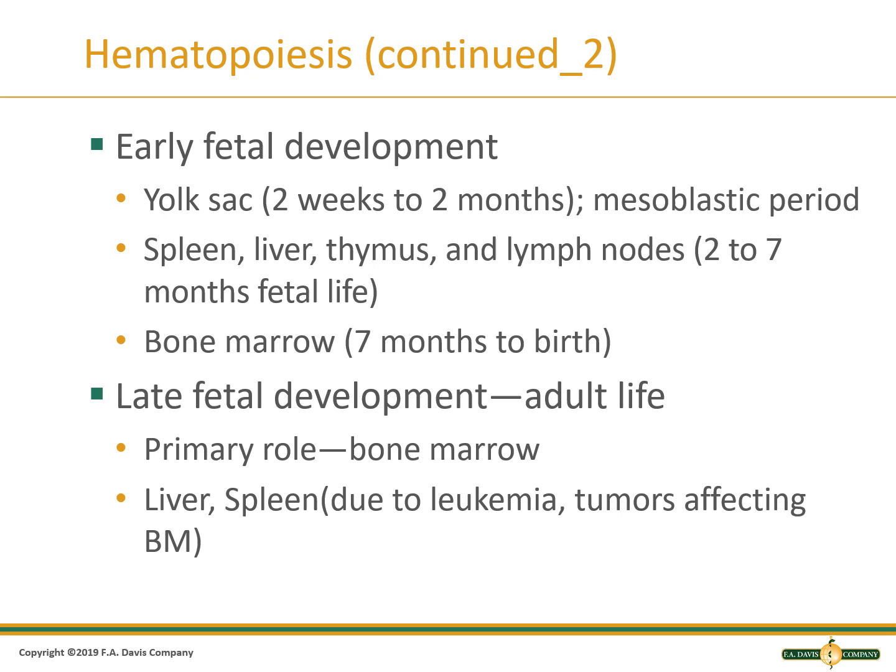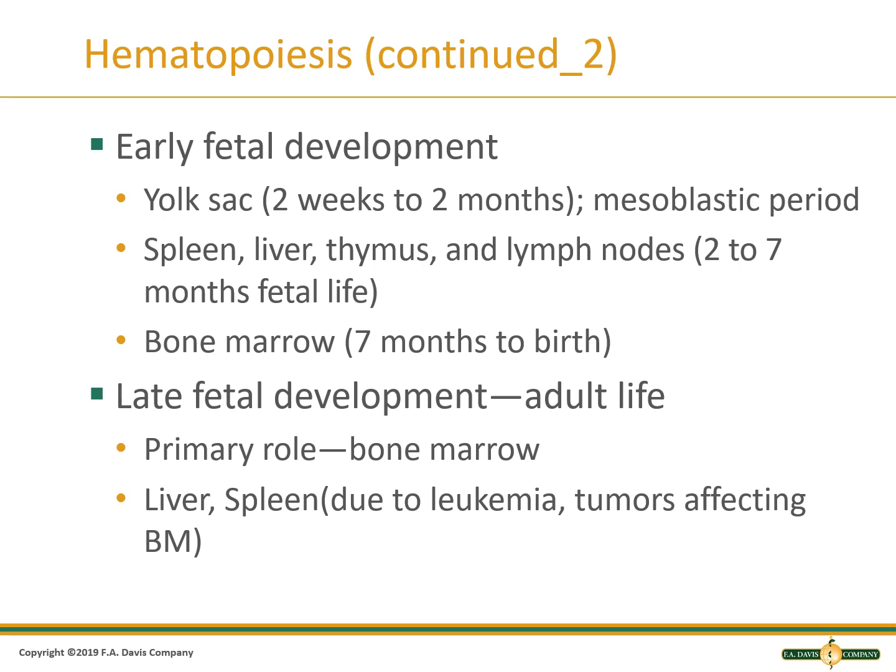Once the baby develops into the 7th month period in utero, until the birth, the hematopoiesis is going to occur within the bone marrow. So late fetal development into adult life, the primary role of the bone marrow is for hematopoiesis.